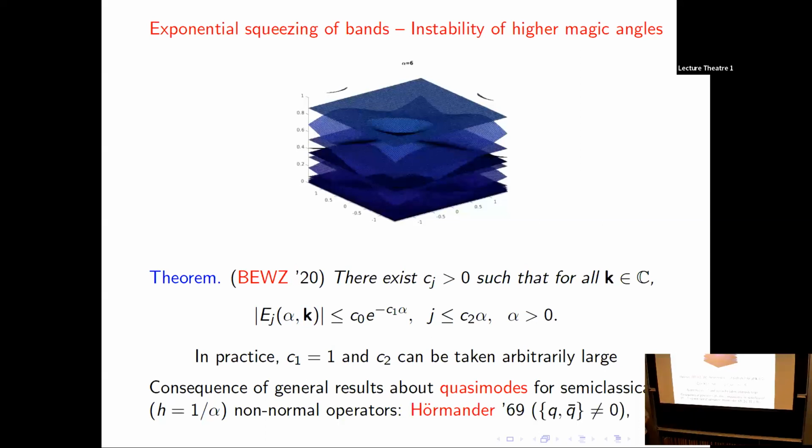It's not directly related, at least at first glance, but that's what underlies this idea. There's a certain condition, in terms of the Poisson bracket, that allows you to determine whether a linear PDE has a local solution, and that's what enters in the proof here. Because it allows you to construct quasi-modes, and these quasi-modes are then used to show this exponential squeezing.